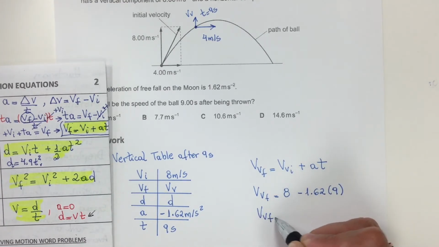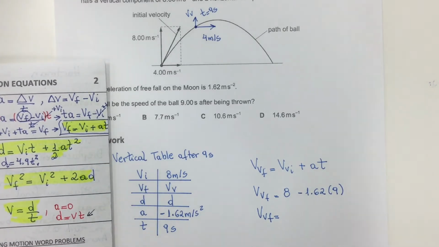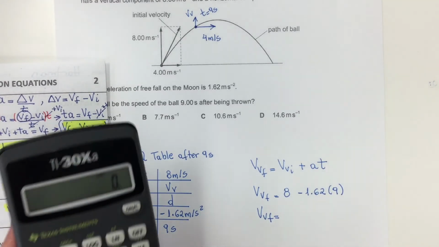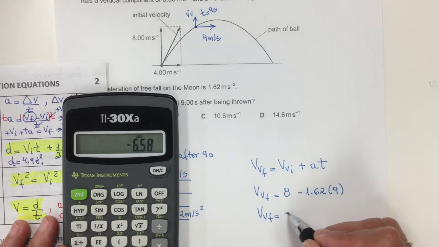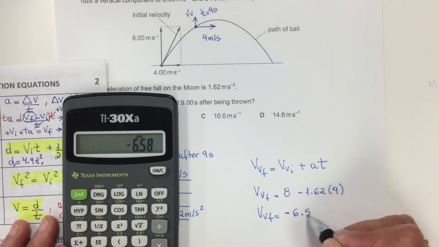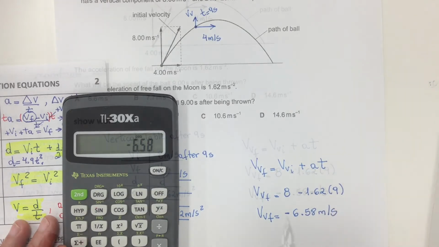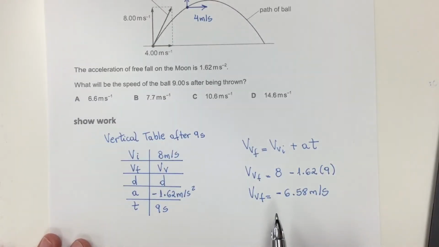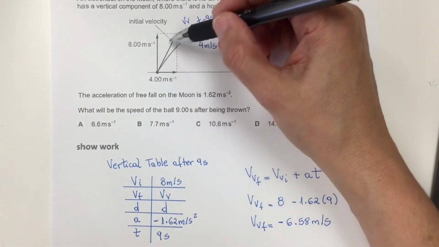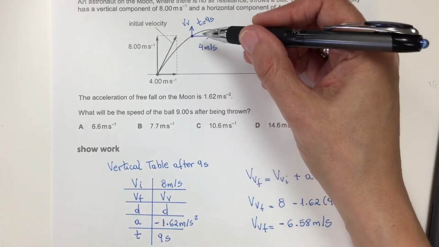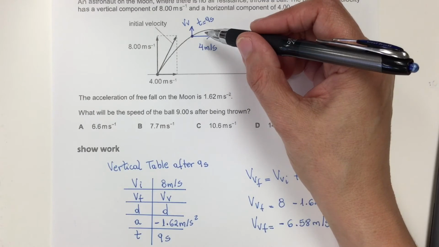So V_VF is 8 minus 1.62 times 9, a negative number, 6.58 meters per second. This is not the final answer yet, because it's not asking for the vertical component. It's asking for this V right here, so I will have to make some changes.